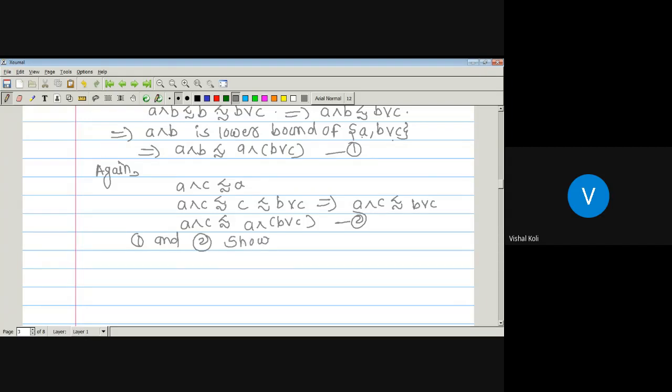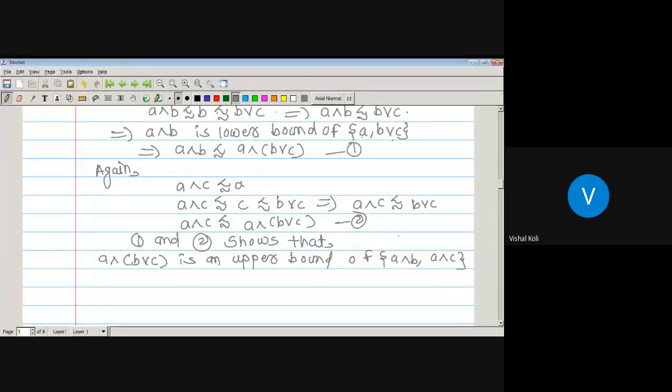Equations 1 and 2 show that A meet (B join C) is an upper bound of A meet B and A meet C, which is from equation 1 and 2, which implies (A meet B) join (A meet C) precedes A meet (B join C), which is from the definition of upper bound.